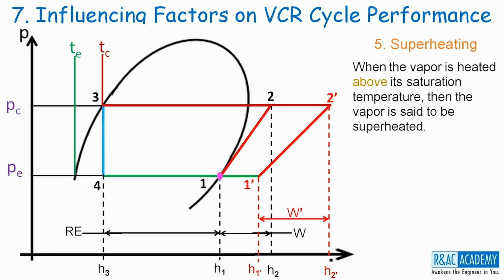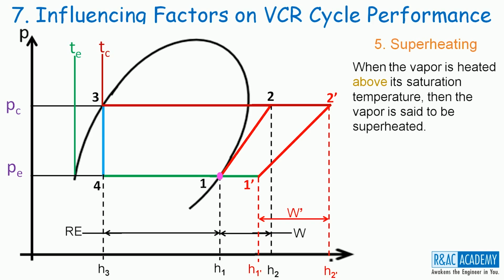Therefore, 1'-2' and 1-2 lines would not be parallel. Then, as the 1'-2' process line is away from the saturated vapor line, it would be flatter when compared to process 1-2. Hence, the value of W' would be greater than the baseline value W.